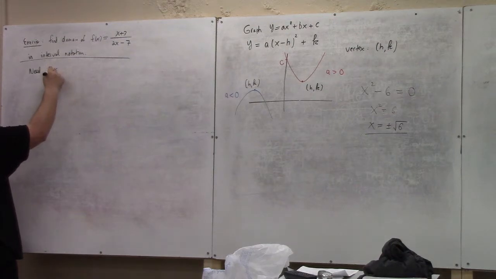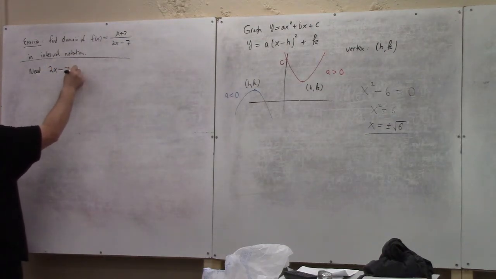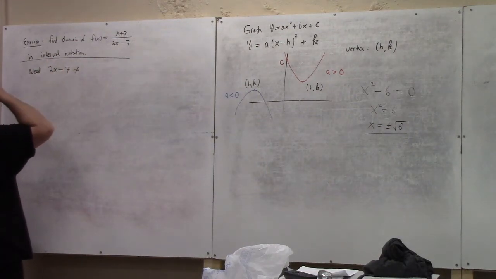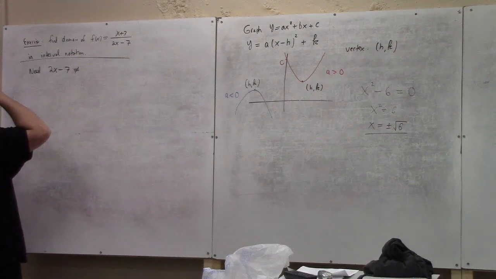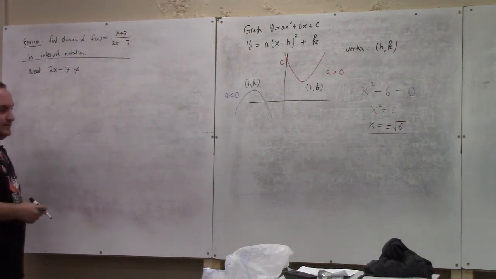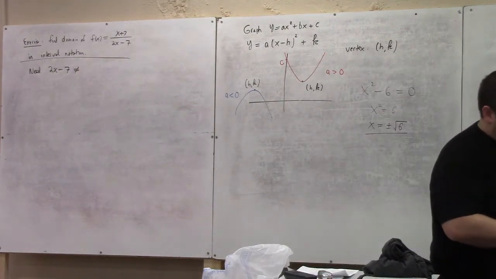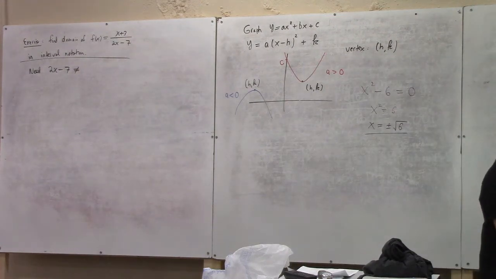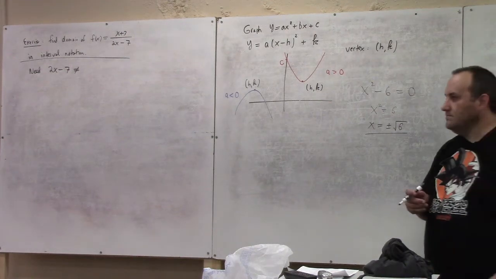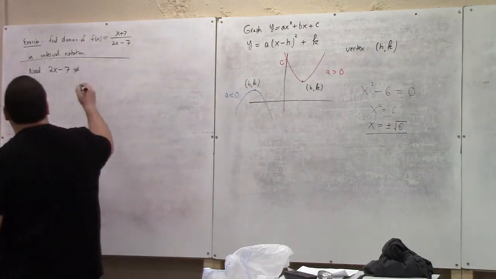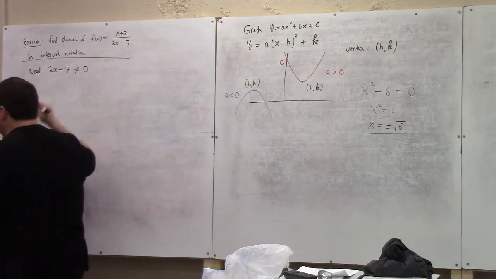We need 2x minus 7 to not be equal to what? 0, right? 0 gets us into trouble because then we have division by 0.